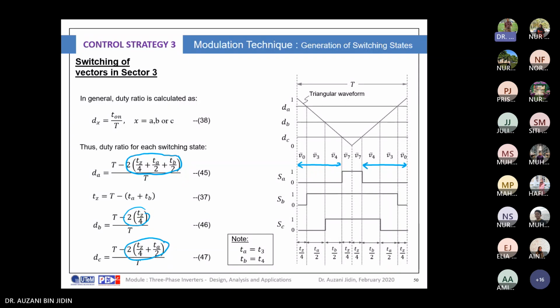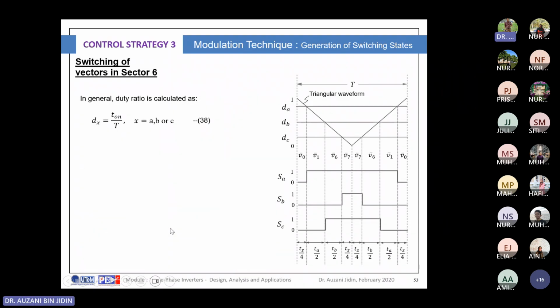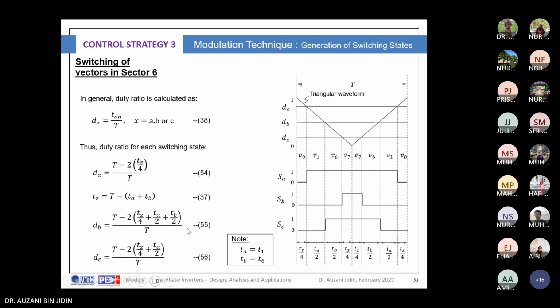Again, before you write the equations, you must firstly sketch the switching status waveform. Then sectors 3, 4, 5, and 6. Based on the equations that we have obtained, you can write the coding.